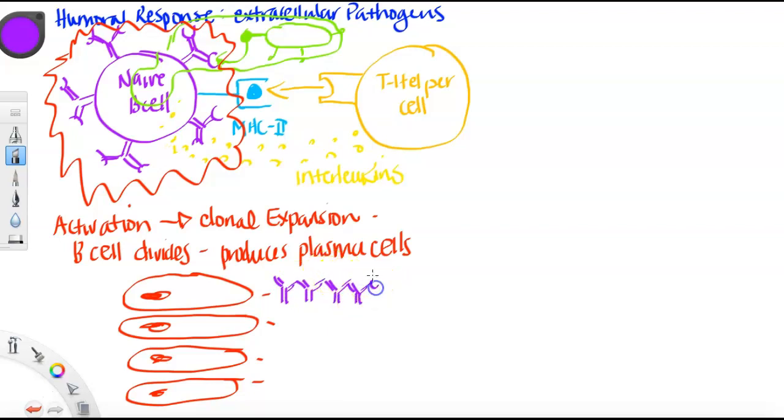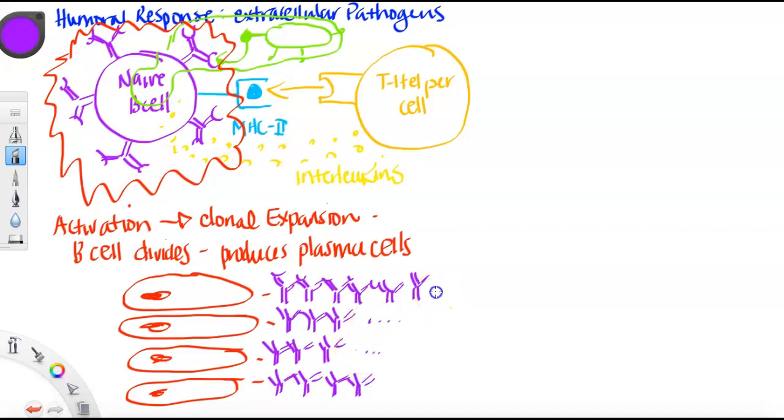And they make antibodies with that receptor site. Okay? And they make a ton of them. They barf out about 2,000 antibodies per second. So on and on and on, and about 2,000 per second there.